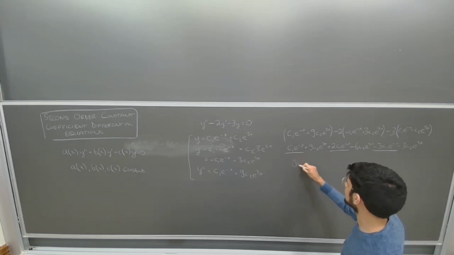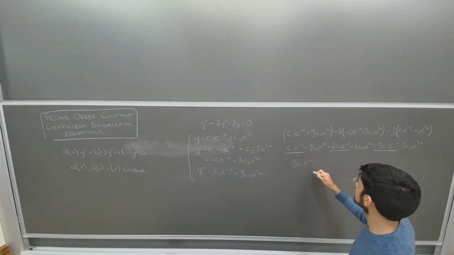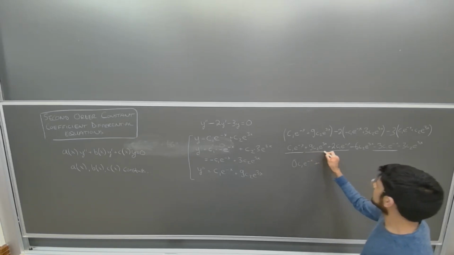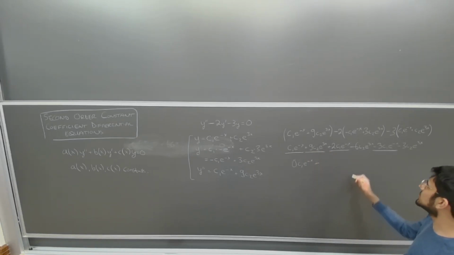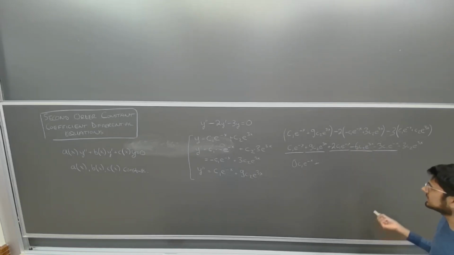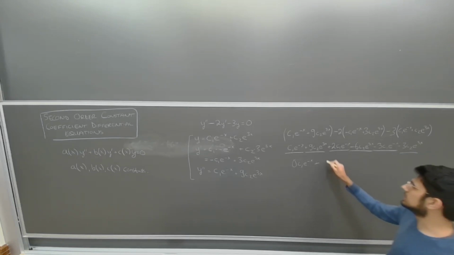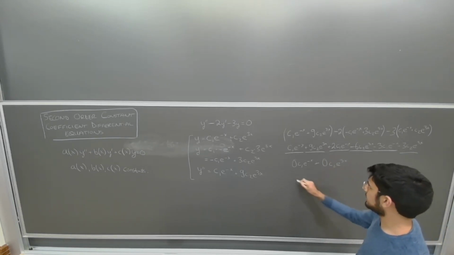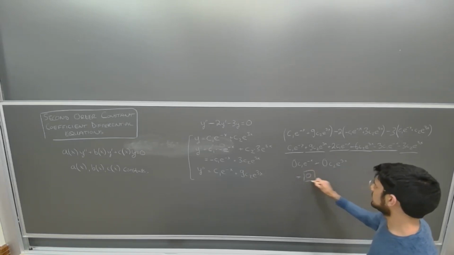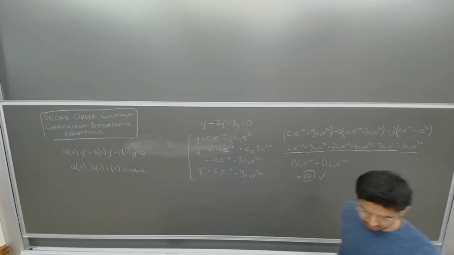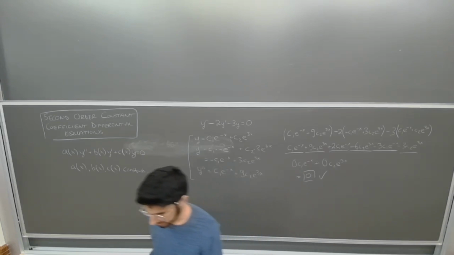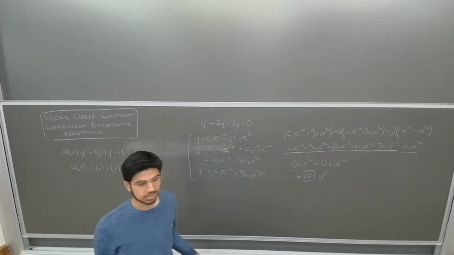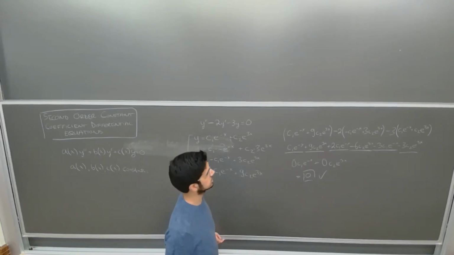So it's like 0 c1 e to the negative x plus, we have 9 c2 e to the 3x minus 6 c2 e to the 3x gives 3 c2 e to the 3x. Minus 3 is 0 c2 e to the 3x. And this is just equal to 0. So our solution is correct. And that's how we go about checking these second-order, constant coefficient second-order differential equations, which is a lot of words.